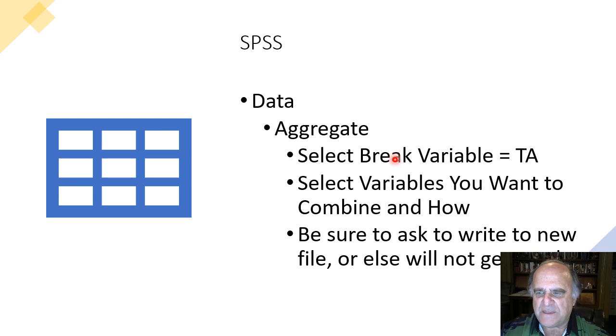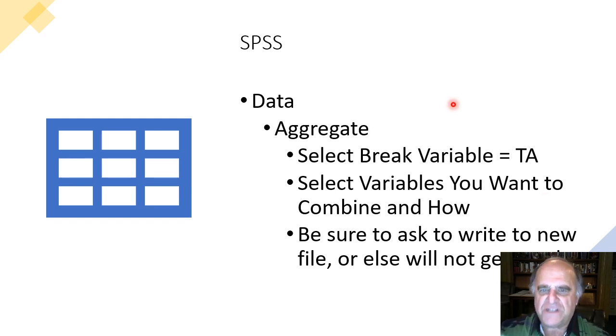We then select the break variable, which in this case would be TA. We select the variables you want to combine and how. And then one thing you should do is be sure to ask to write to a new file, or else you won't probably get what you want. So it's always a good idea to ask it to write the results to a new file.